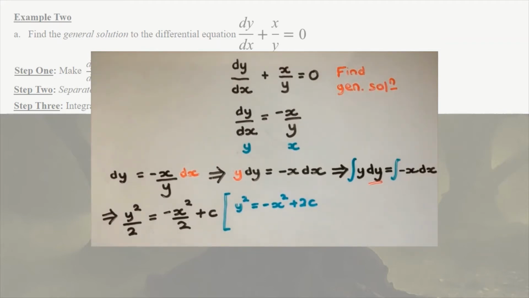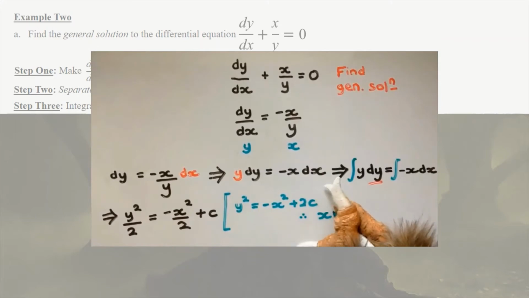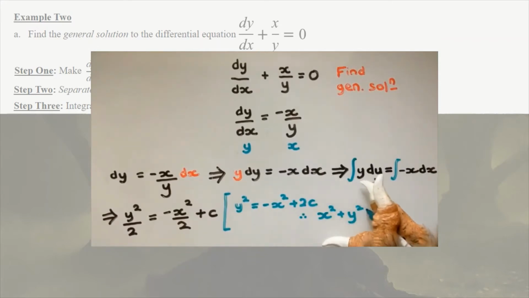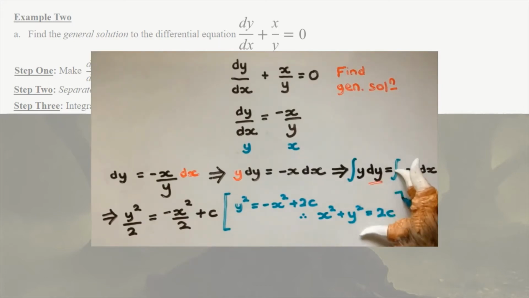All right. Now, what I'm going to do is add x squared to both sides. So therefore, x squared plus y squared is going to equal 2c. Why is that interesting? Well, this is a circle.